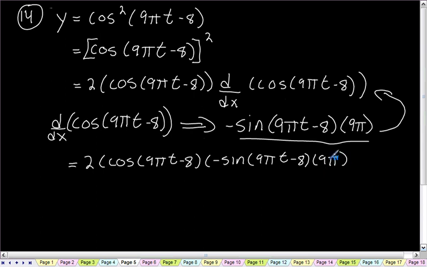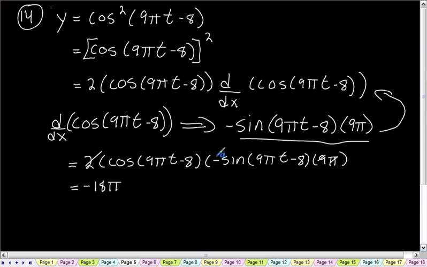This 9 pi multiplies times this, but it also multiplies times the 2 in front, and there's also a negative right here. So that becomes negative 18 pi.